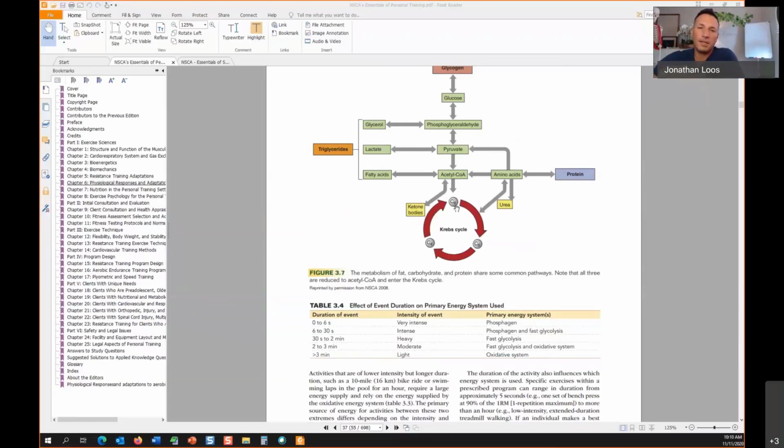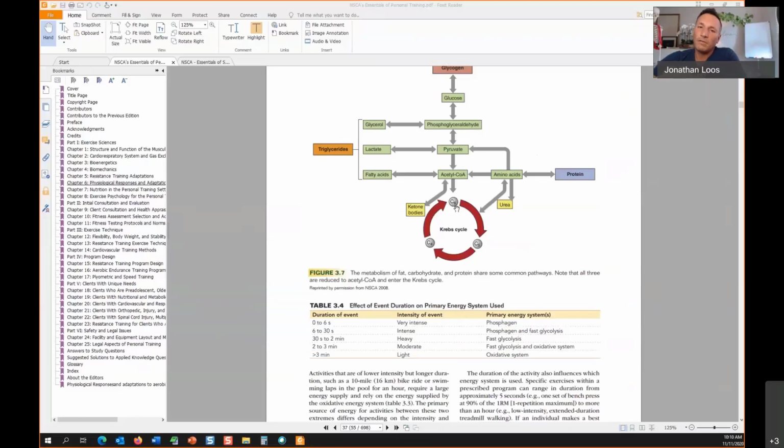That's an activity that lasts about 20 seconds, which clearly uses the phosphagen system, but it lasts too long. So with a 100-meter event it might be just phosphagen, but it also might tap into the glycolytic system as well, unless you're Usain Bolt, who is 9 seconds and you're done, right? But it's that type of event.